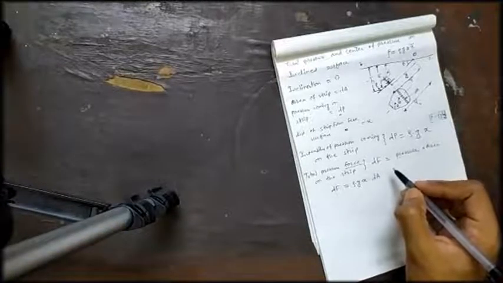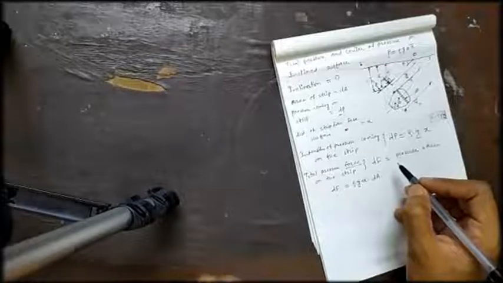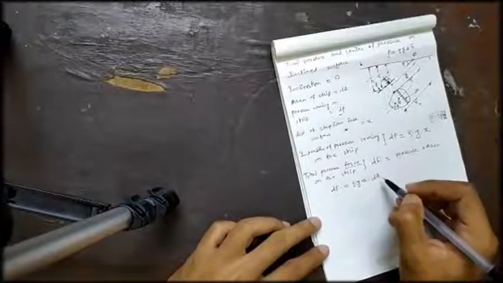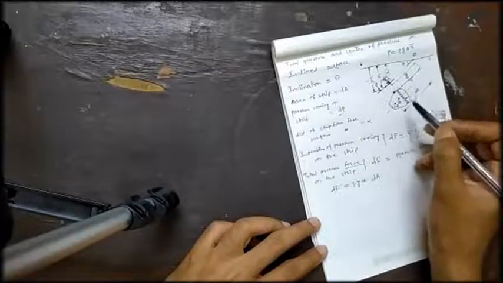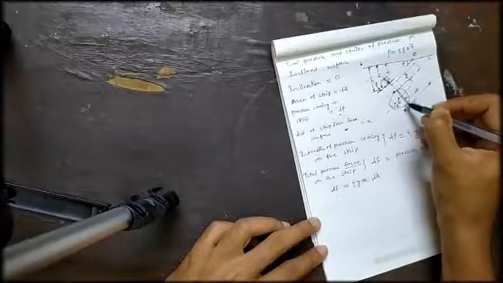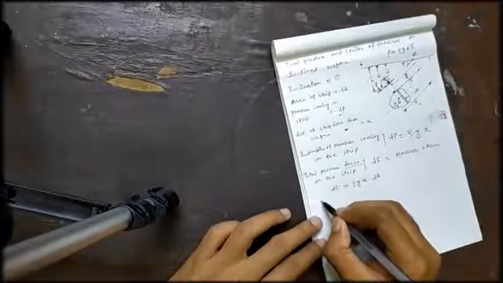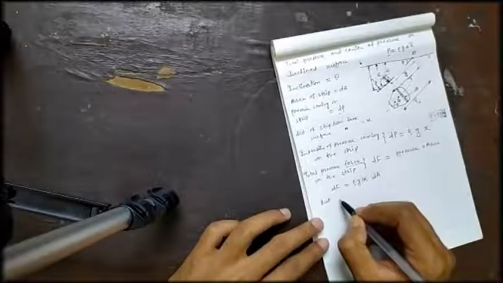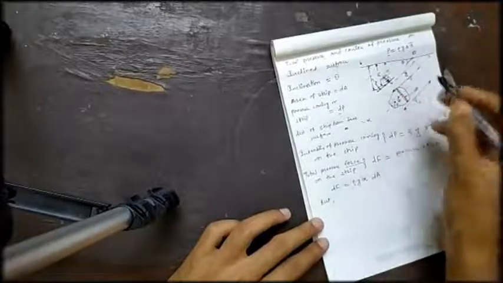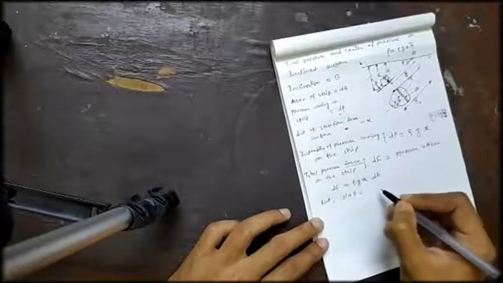Okay, so now this is our total pressure force coming on this complete strip. But by observing this diagram we can write sine of theta is equal to x divided by y.